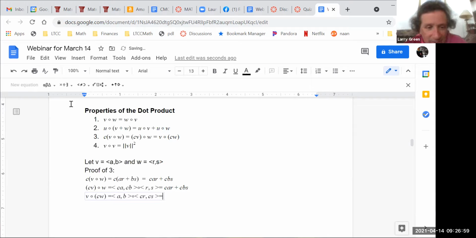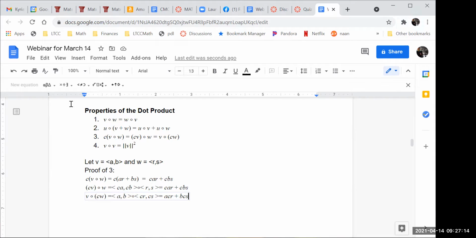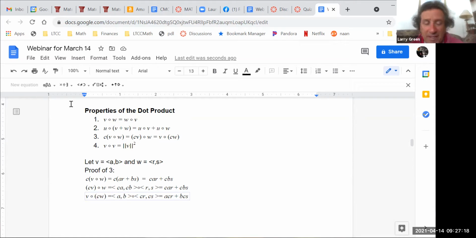And I do that dot product and I get acr plus bcs. Are those the same thing? Yes, because the terms are the same, just in a different order. Car, bs, those are all numbers, so we're just talking about multiplication, and we definitely know the commutative property works for multiplication. So we're done.